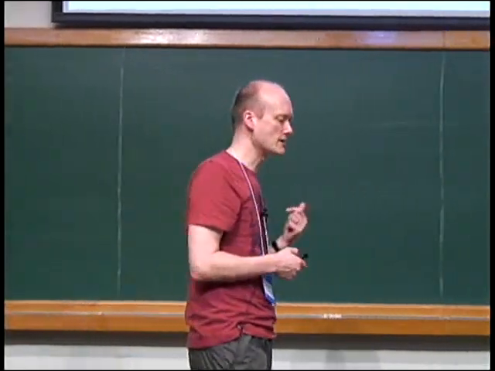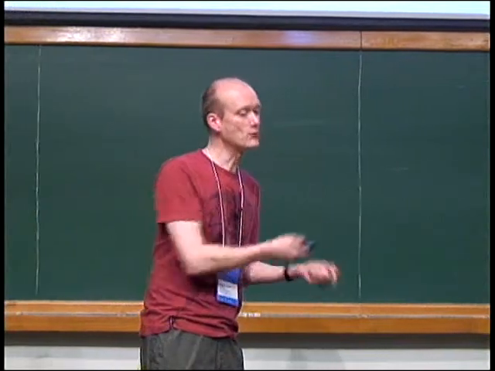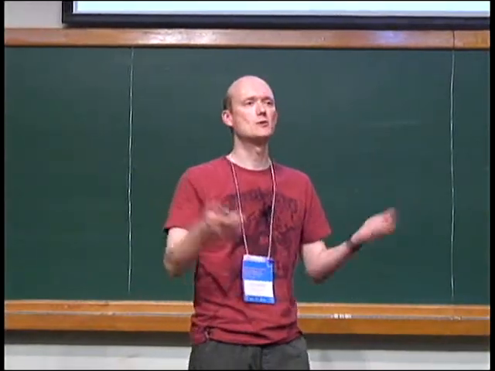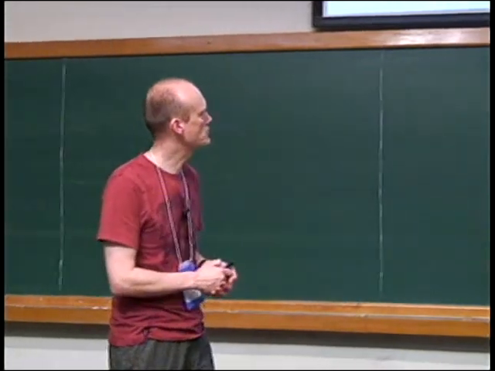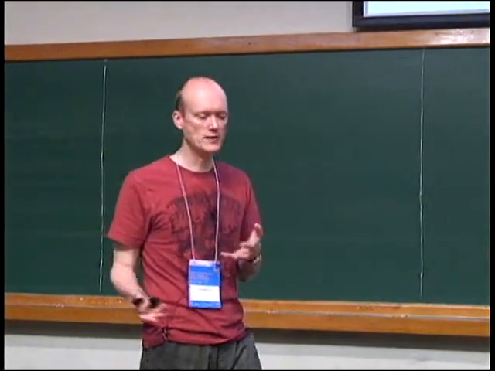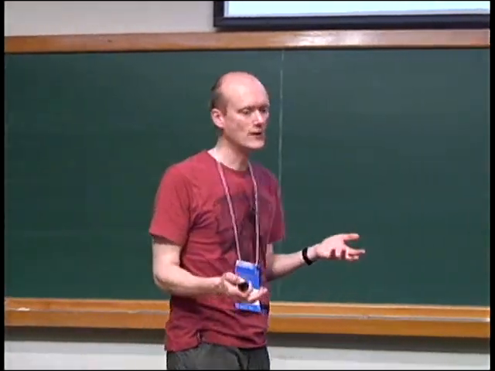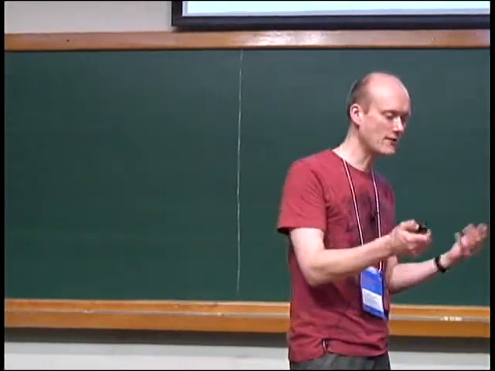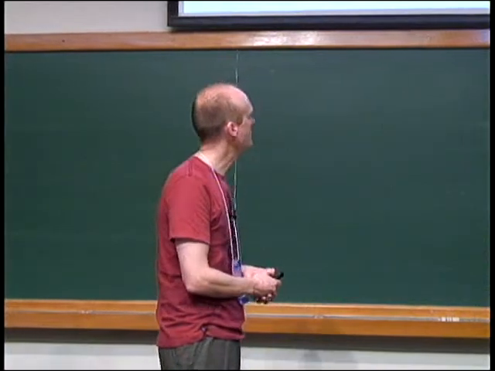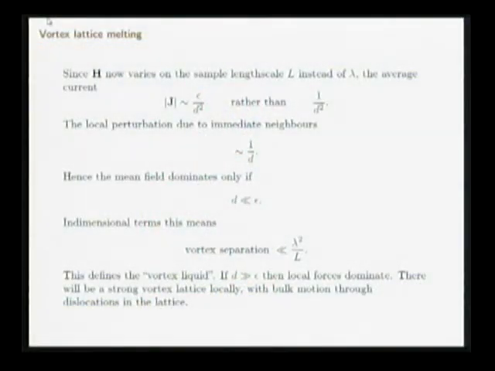Whereas in most of the discussion that we've been having, I've been imagining vortices freely moving and responding to the bulk electric current. And so you have this distinction between a vortex liquid, where the vortices are responding to the mean field and everybody is moving along together quite happily, and a vortex lattice, where everybody gets locked down and you don't want to get too close to any of your neighbors and the local forces dominate.